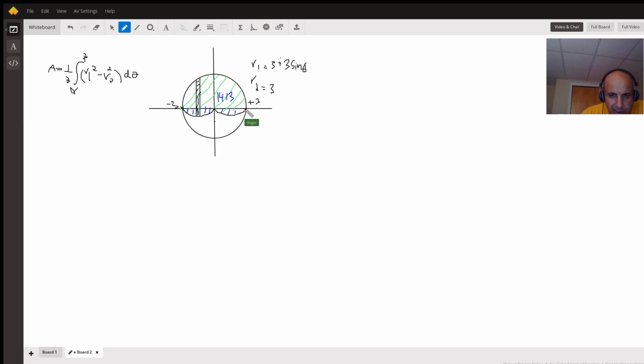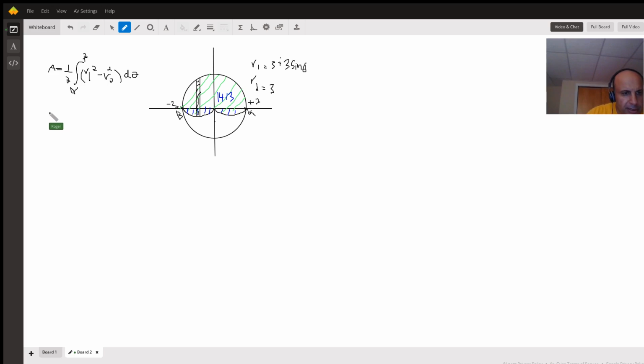So what are these bounds in terms of theta? This will be angle alpha, this will be angle beta. So it's angle alpha at 0, rotating 180 degrees to pi. So these are your bounds of integration.